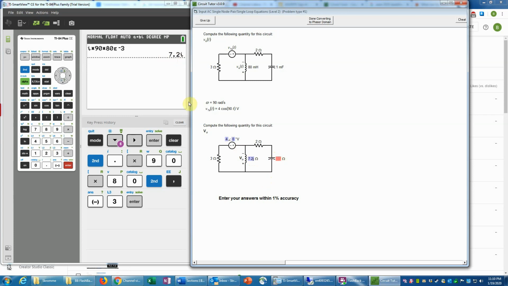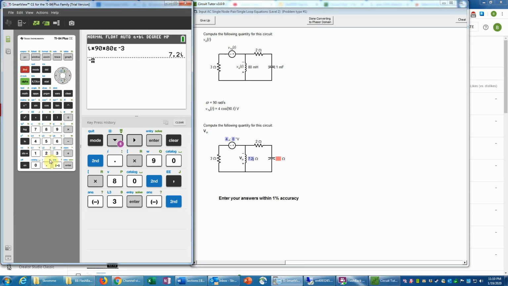Now for the capacitor, I will need to remember that the impedance of a capacitor is 1 over j omega C, or if you like, negative j over omega C. So let's just write it that way. Let's go minus i. Remember, i is on the decimal point button at the bottom. Now divided by omega, so that would be divided by the 90 radians per second.